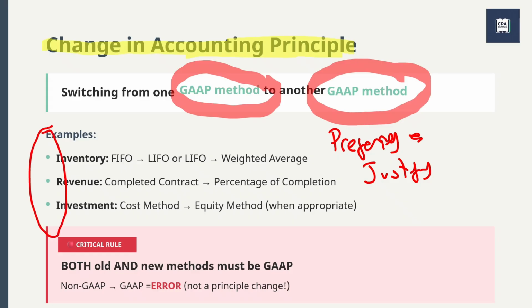Here is the critical rule. Like the previous slide, I gave the example, what happens if a company changes from cash method to accrual method? This would not be a change in principle. This would be considered an error because the cash method is not GAAP compliant.